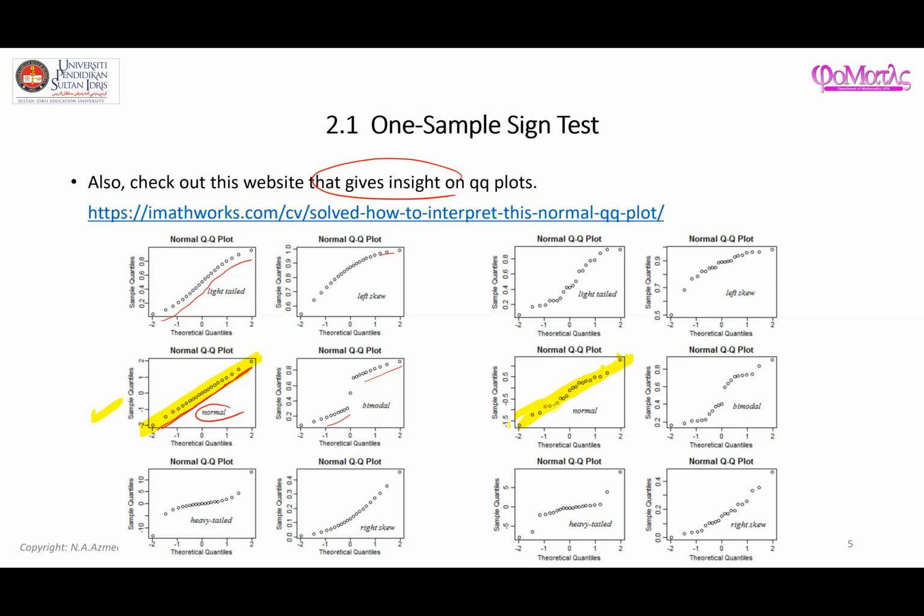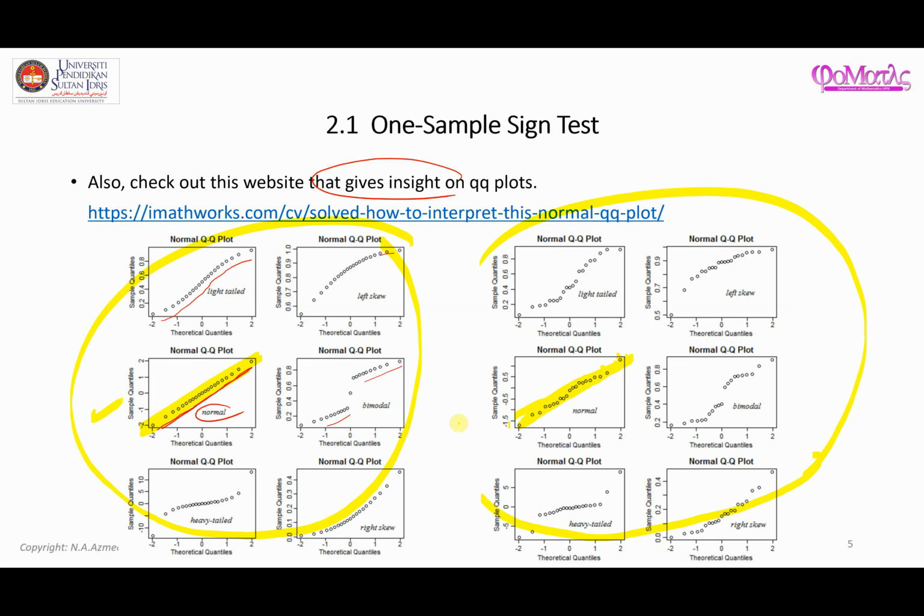And based on this QQ plot, you may suspect that the normality assumption is fulfilled. So here is the theoretical representation. This is how, in practice, your data plots may look like because of some sort of randomness when you take your data or you sample your data.